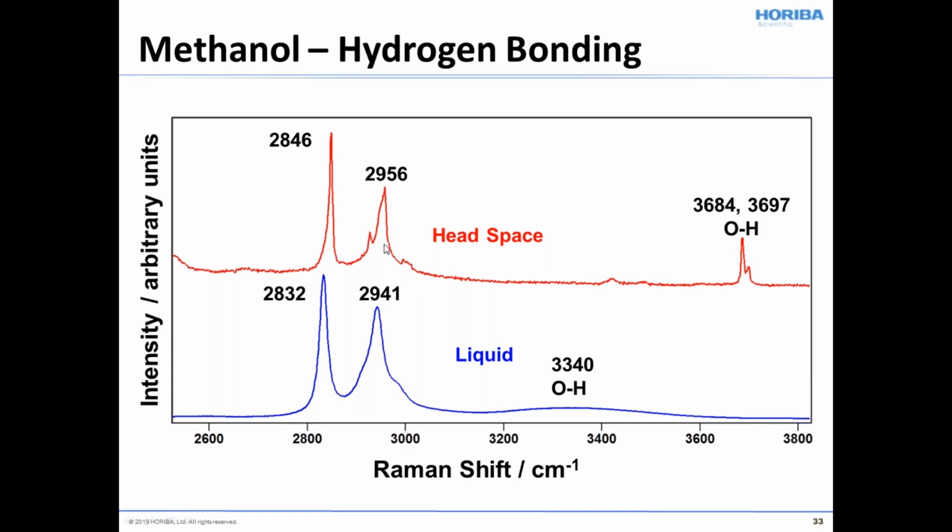Now, you also see the effect of the interactions in the headspace versus the liquid in the CH stretching region, but of course, they are not as different as in the case of the hydrogen bonding, because these molecular interactions in going from the vapor to the liquid phase are not nearly as great.